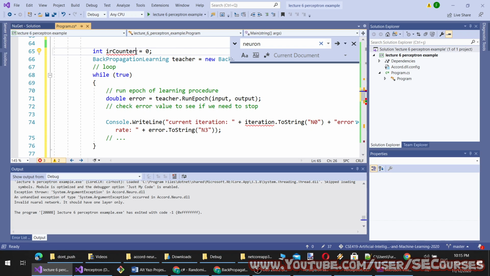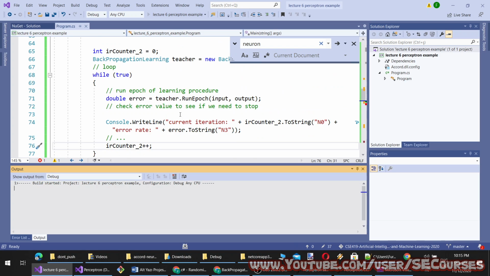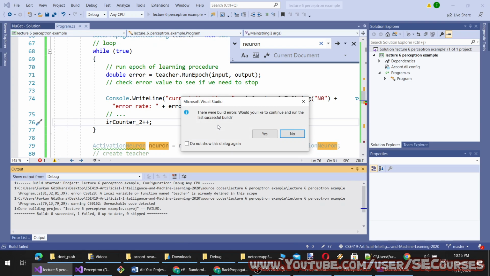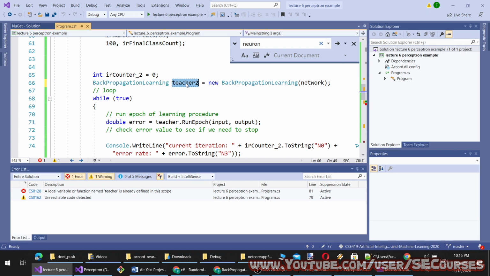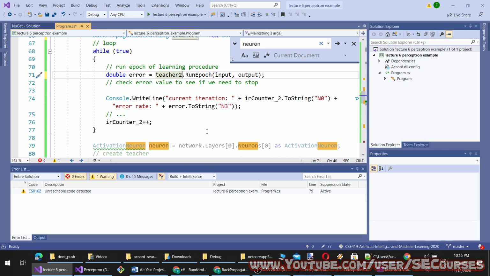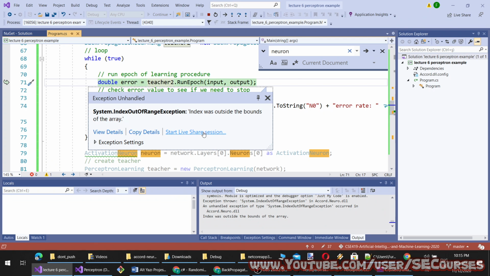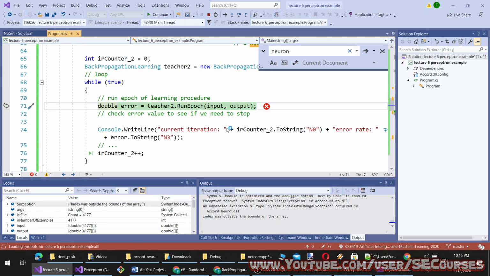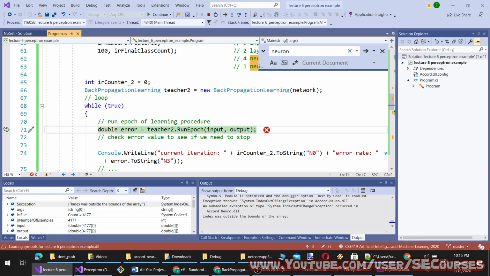Zero, two, index outside the bounds. Why?